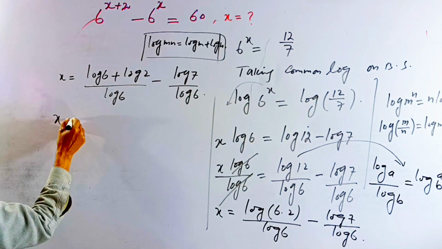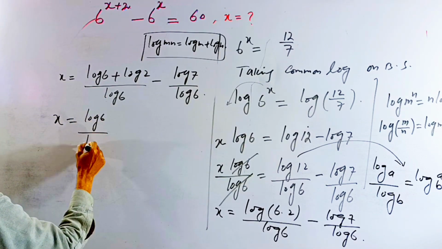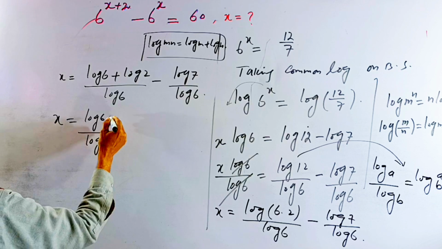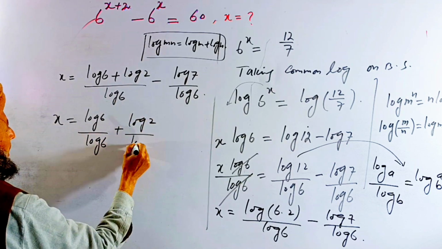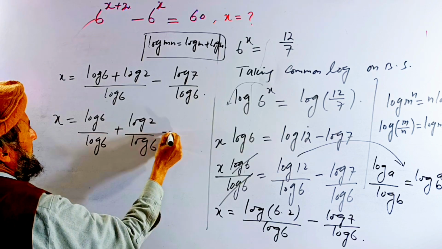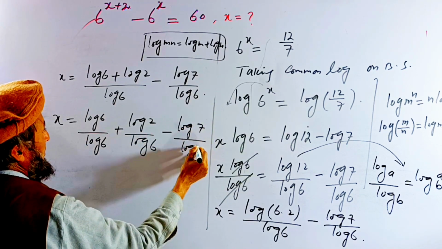So x is equal to log of 6 divided by log of 6 plus log of 2 divided by log of 6 minus log of 7 divided by log of 6.